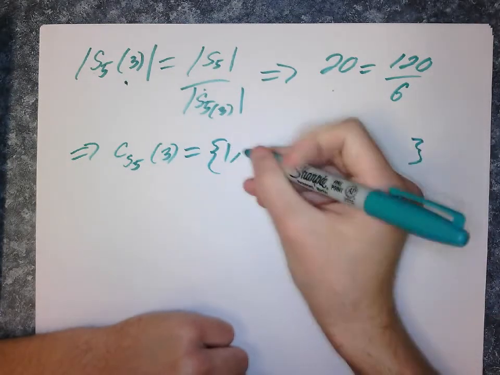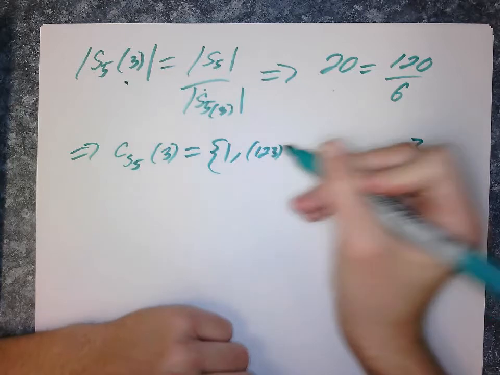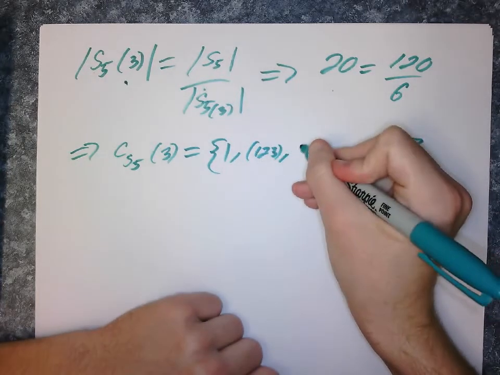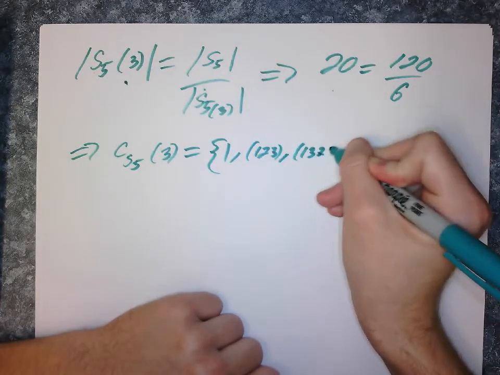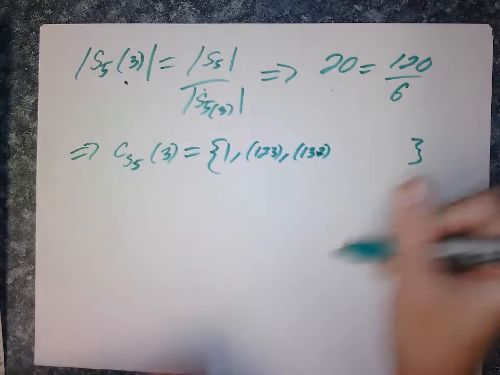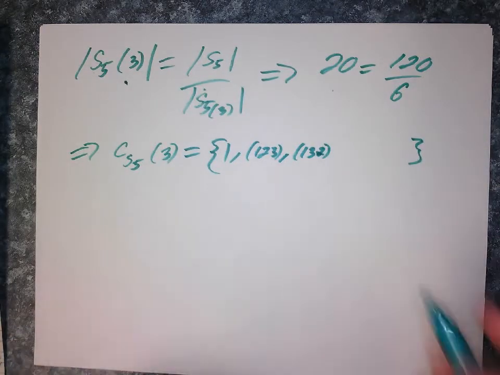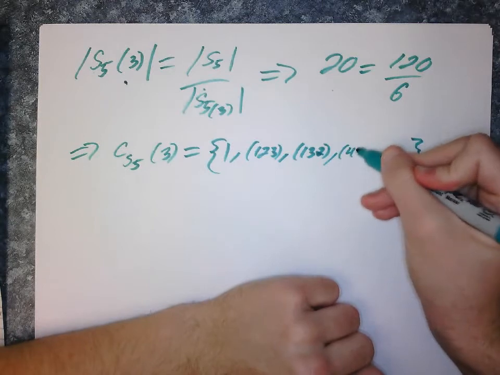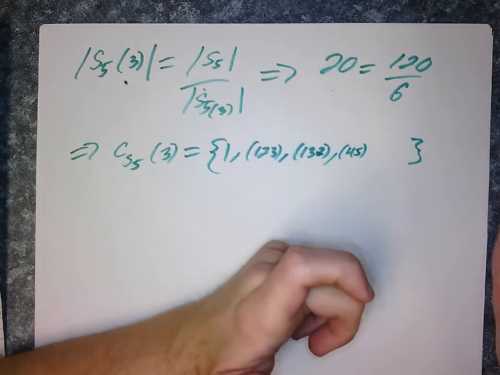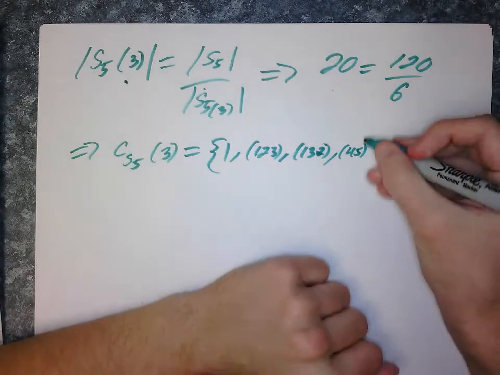Well, you'll have the identity, and then we'll have our original 3-cycle, call it (1 2 3). And then you'll have that squared, which is (1 3 2). If you cube it, you'll get back the identity, so you can stop there. But then we can also throw in (4 5), because that won't mess with (1 2 3). It's a disjoint cycle.